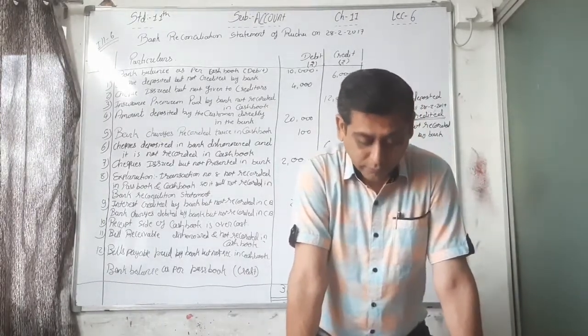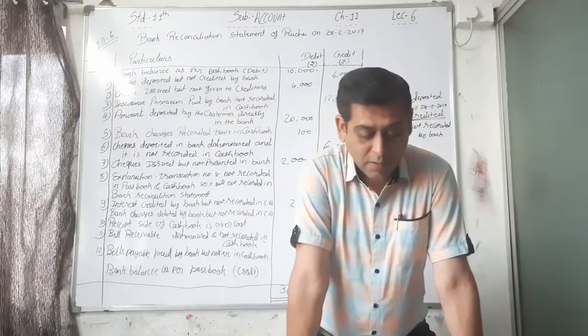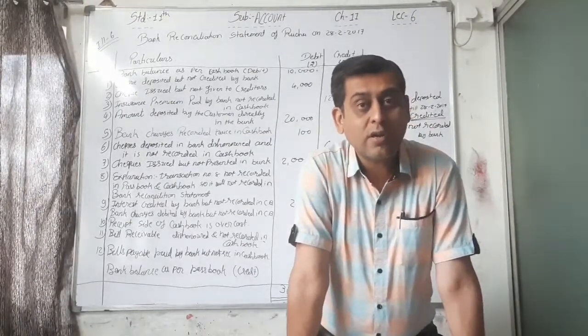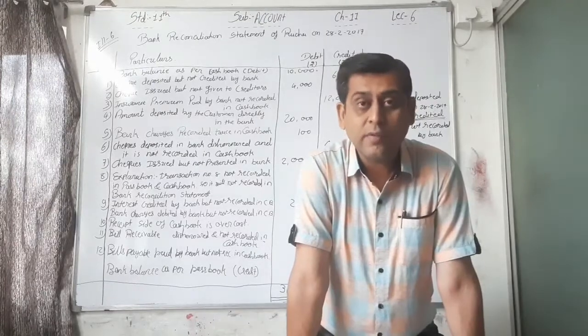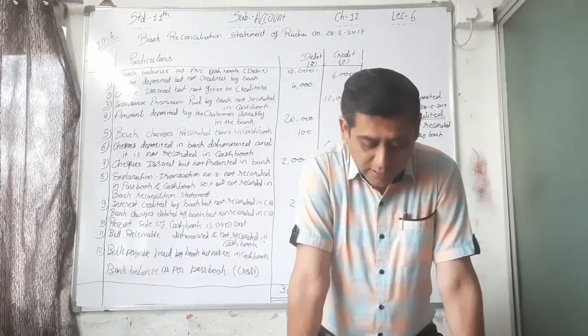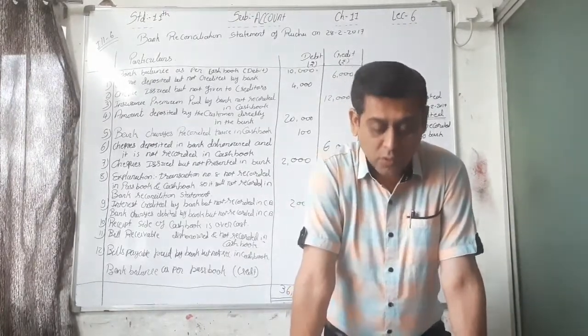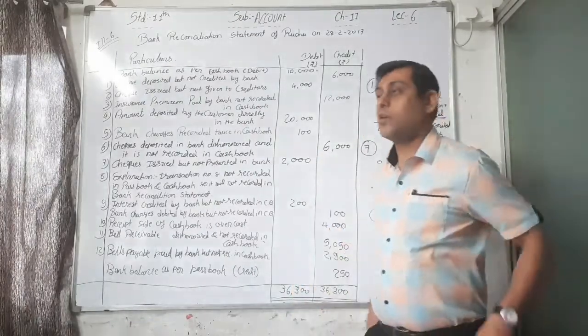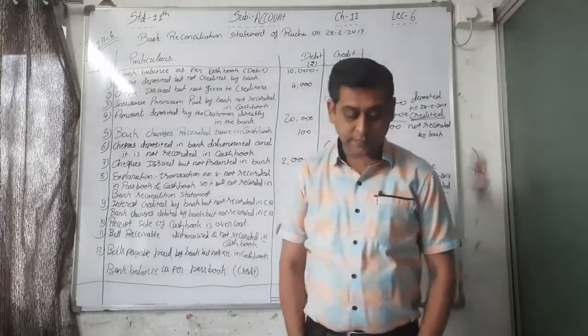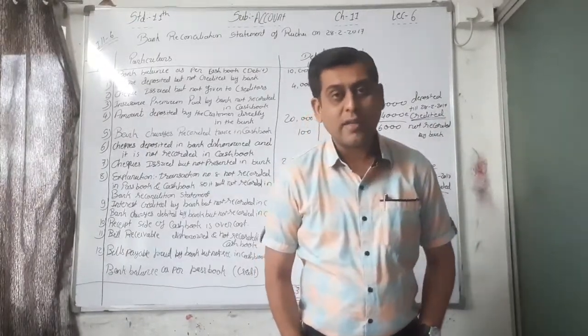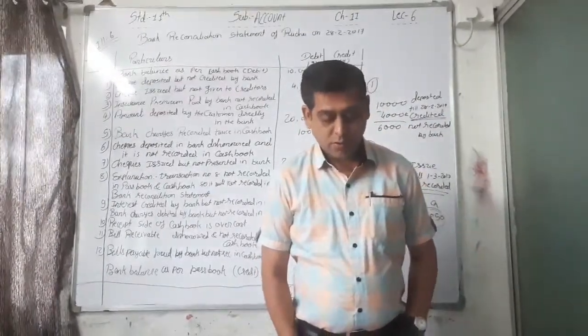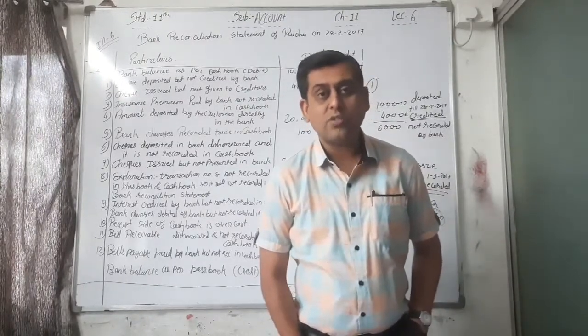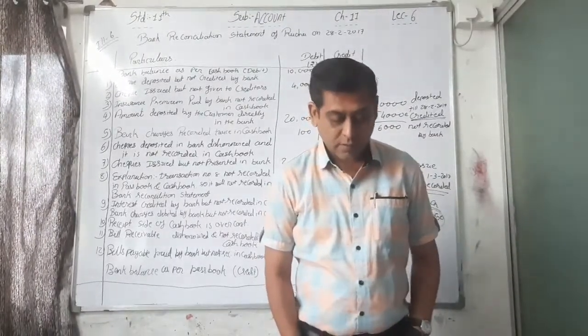So, cheque deposited but not credited by the bank, DC, that is credit. Write down CR near the first point.